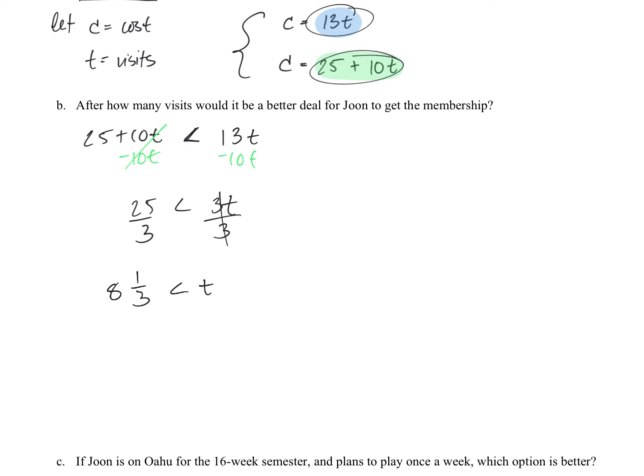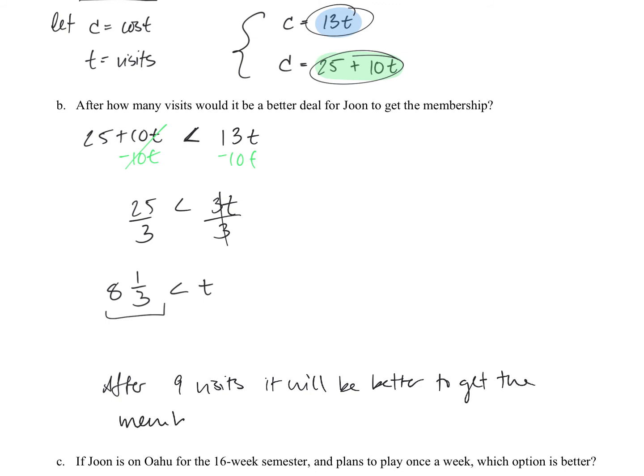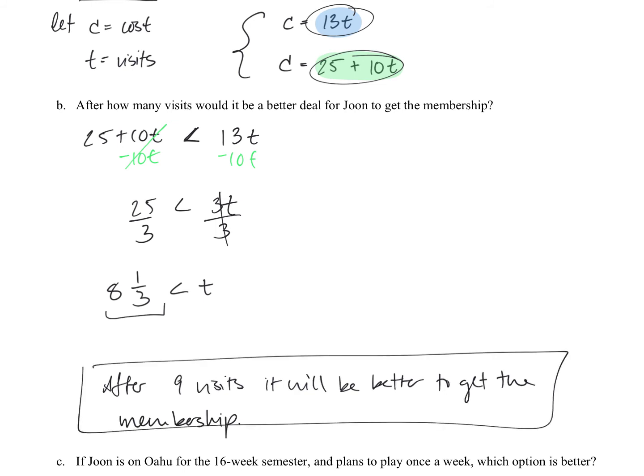So, if t is greater than, we can't say 8 because this is technically greater than 8. So we'll say after 9 visits, what do we know? It will be better to get the membership. Period.